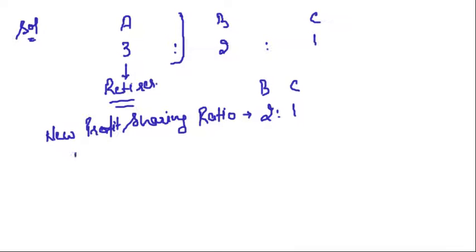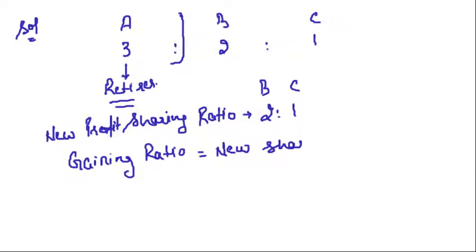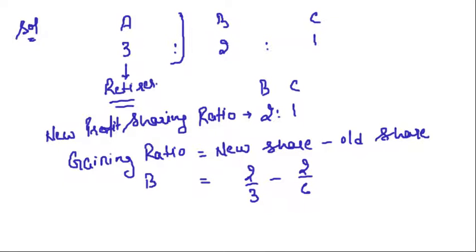Now we calculate the gaining ratio. What is the gaining ratio? It is new share minus old share. What is the new share of B? New share is 2/3. What is the old share? 2/6.